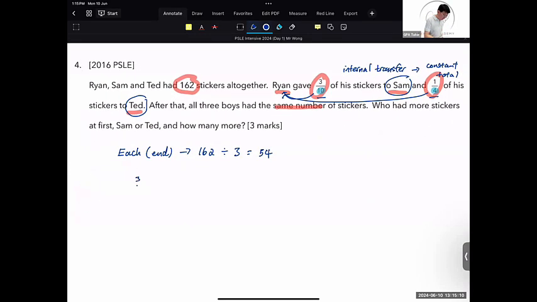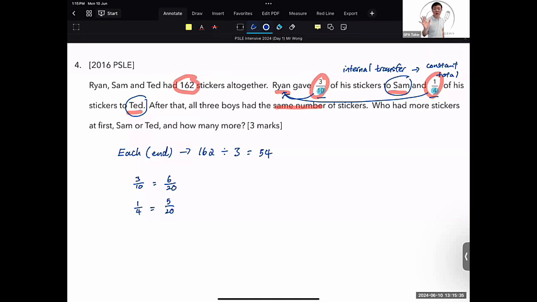So 3 out of 10, change it, you will get 6 out of 20, and 1 out of 4, you will get 5 out of 20. From this, you should recognize actually who ended up with more stickers. So without even solving anything else, can you tell me who had more, Sam or Ted?